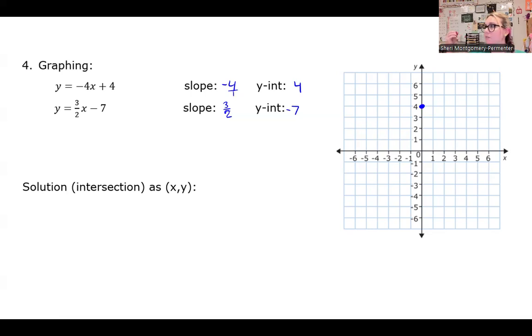So if you like to make slopes as fractions, that's fine. So what does the negative tell me to do? Down. So I will go down 4 and then what? Right. Thank you for nobody telling me left. To the right. And then I'll go down 4 again to the right.